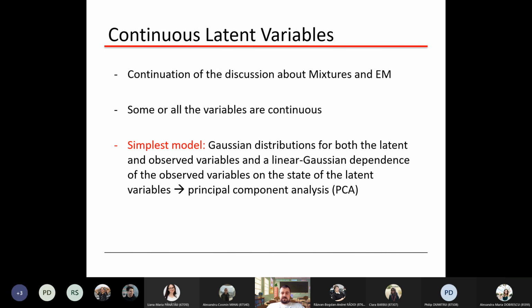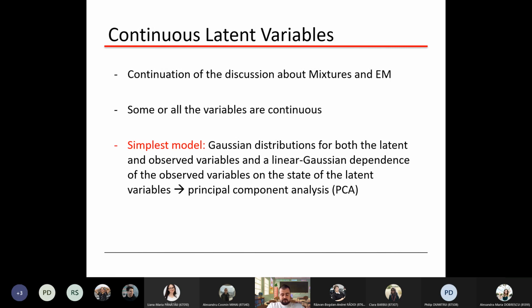What this linear Gaussian dependence means is that the mean of the observed variables depends linearly on the latent variables, and the variance is independent of the latent variables, and it has a Gaussian distribution. And this model is called principal component analysis, or PCA.